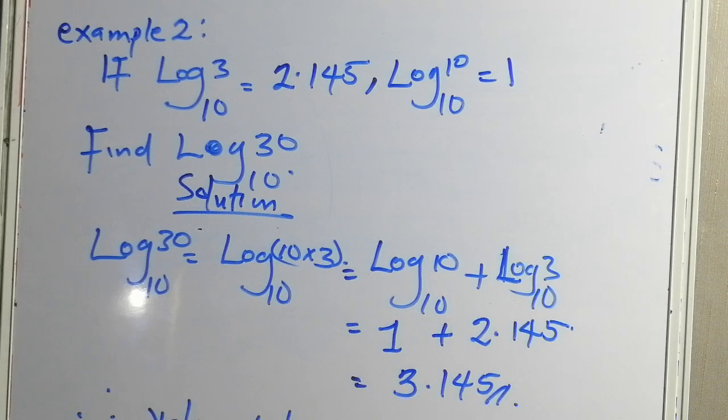For multiplication, I can break it down to the addition law. So when I pick log base 10 and multiply the power, the same thing applies here. This one is without using a calculator, so when you see questions like find log this without using a calculator, that's exactly what we're doing here.